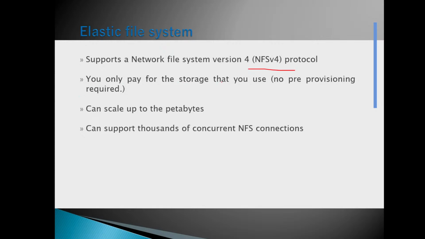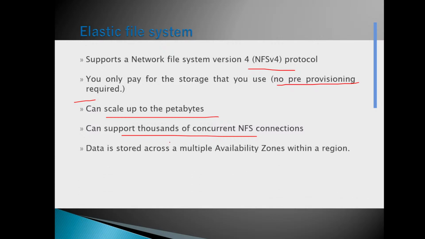You only pay for the storage that you use, no pre-configuration required. It can scale up to petabytes. It can support thousands of concurrent connections, which means you can attach multiple EC2 machines to this.